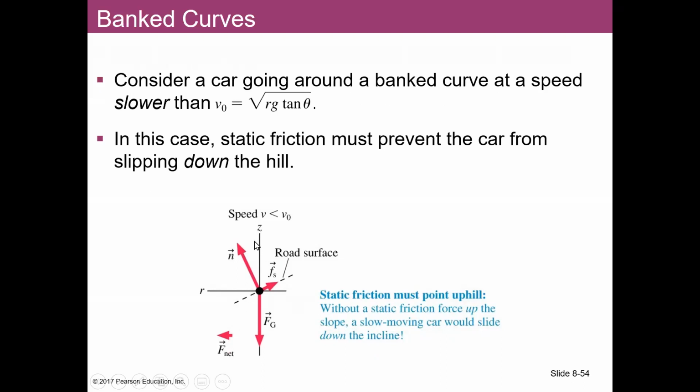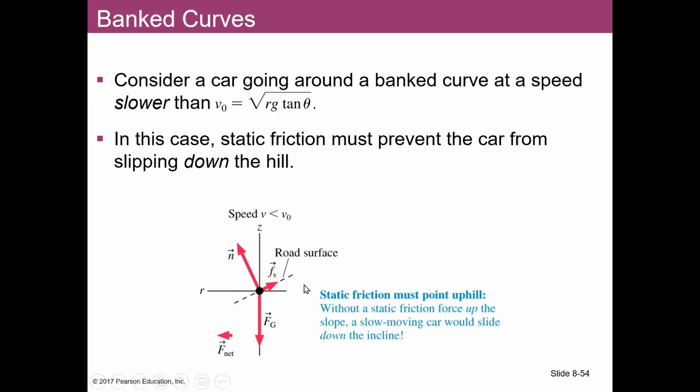In fact, it decreases because now there's a static friction force that points up and to the right, or laterally up the surface. So static friction is literally keeping us from sliding down the incline.